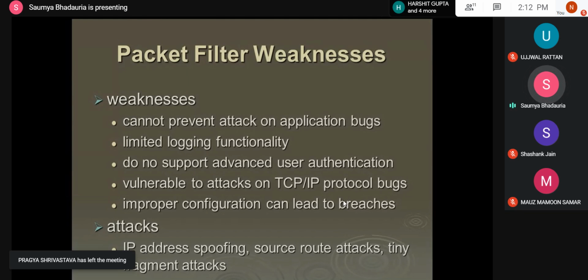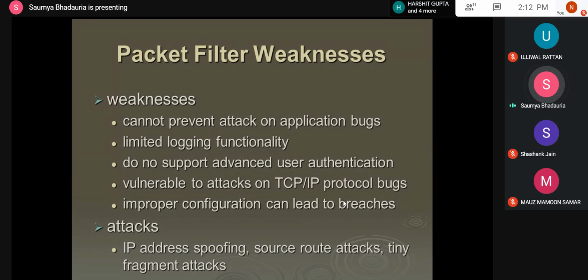Now I don't need to elaborate what IP address spoofing is. How does the IP address spoofing attack happen in a packet filter firewall? I'll give you a scenario. Let's say there is an intruder who normally resides outside the network domain.